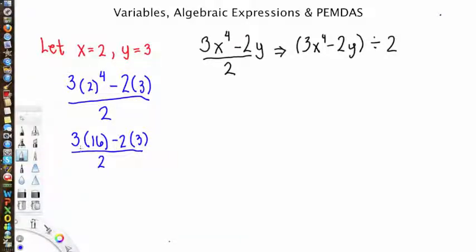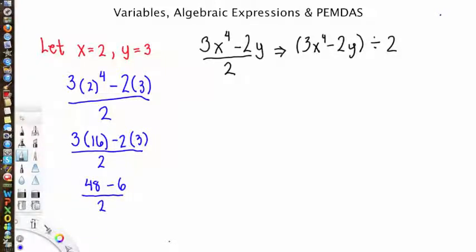Okay, now according to order of operations, we should do multiplication and division. Well, multiplication comes first here, and it's also inside the groupings. So we have 3 times 16, which is 48, minus 2 times 3, which is 6. And all of that is still going to be divided by 2.